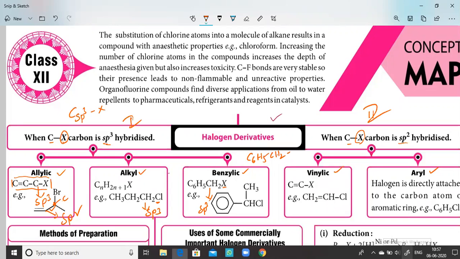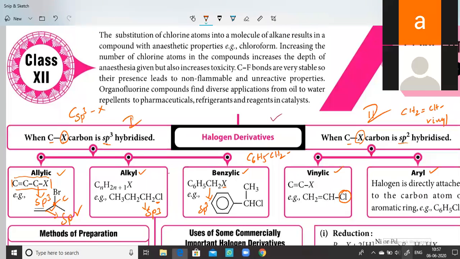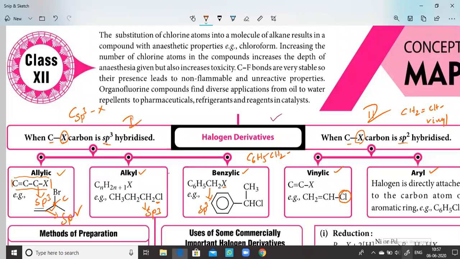CH2 double bond CH, this we are calling the vinyl group. Here the halogen is attached to the vinyl group: CH2 double bond CH, Cl.